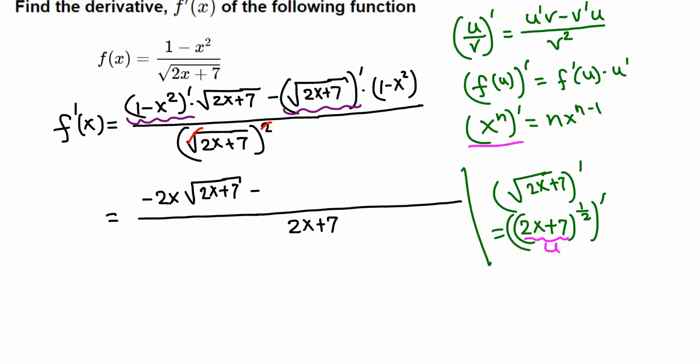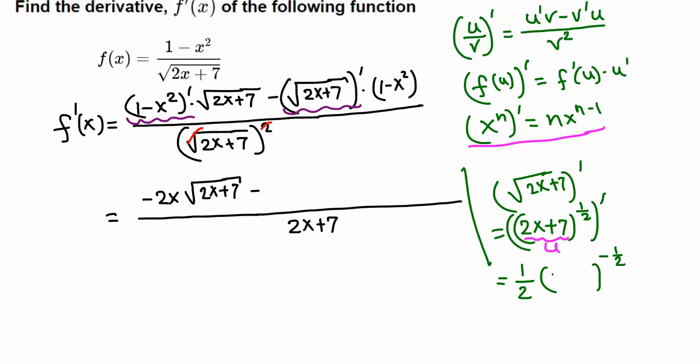For the outer we can use the power rule, the derivative of x to the n, in this case u to the n, where n is 1/2, is n times x to the n minus 1. So using the chain rule, the derivative of the outer is 1/2 times the inner to the 1/2 minus 1, and 1/2 minus 1 is negative 1/2.